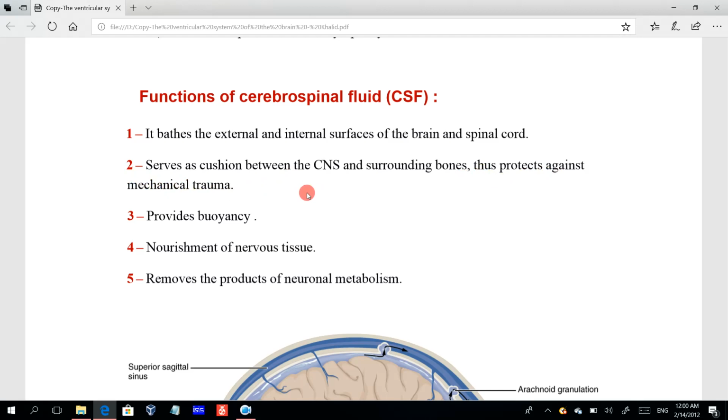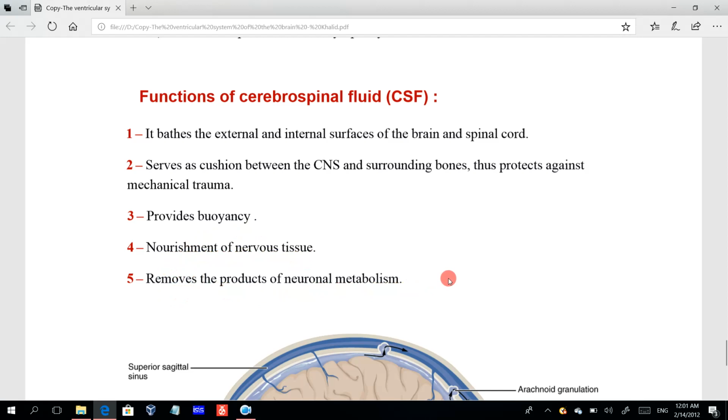So this is in addition to the meninges, which also give protection to the brain and other structures within the cranium. Third, it provides buoyancy, fourth, nourishment of the nervous system, and fifth, it removes the products of neuronal metabolism.